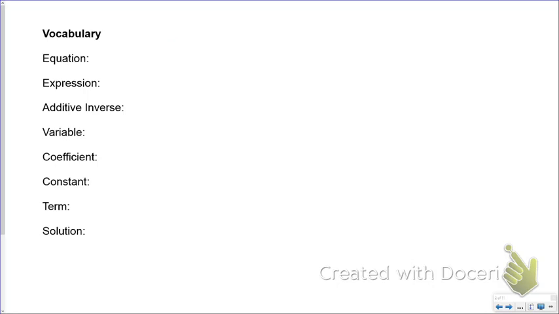Additive inverse is going to be something you have to understand. Additive inverse is just a fancy way of saying the opposite of either addition or subtraction. For example, negative 5. The opposite of negative 5 is plus 5.